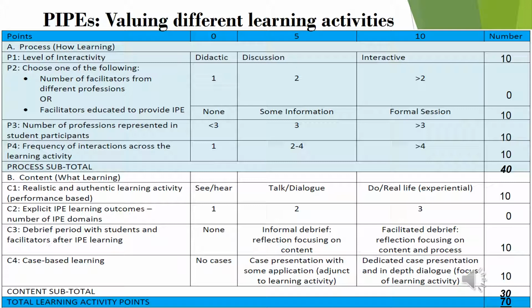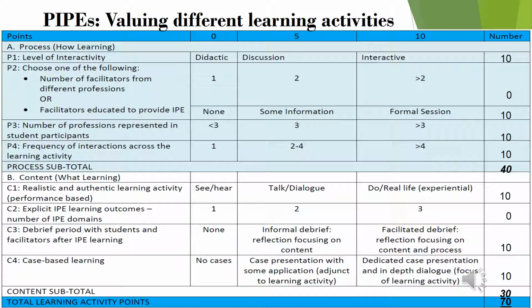And the students actually delivered a diabetes education class monthly for that entire spring semester, so I believe it was for 5 months. So for the frequency of interaction across learning activity, this course was awarded 10 out of 10 points. If we sum up all of the total for process, 40 points out of 50 were awarded to this class using the PIPES system.